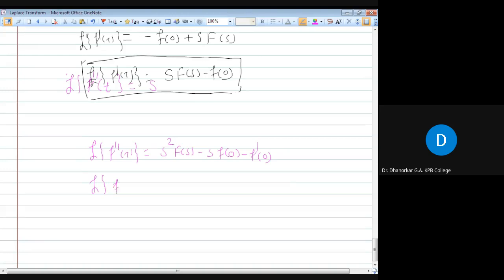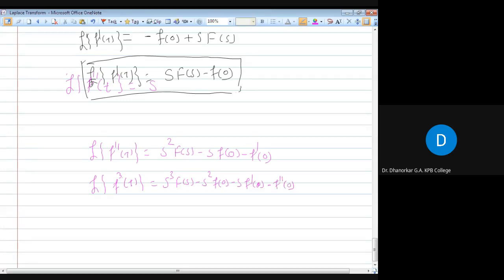Suppose we find the derivative three times of this function, it is equal to s cube into F of s minus s square into f of 0 minus s into f dash at 0 minus f double dash at 0.